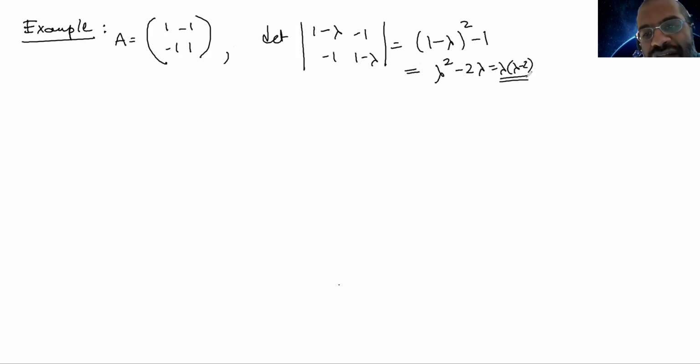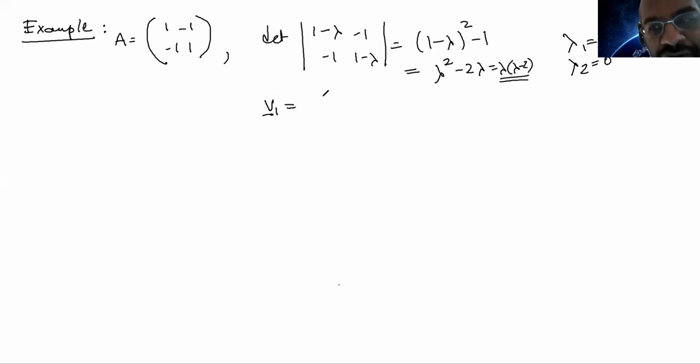So this indeed has two eigenvalues, which are 2 and 0. You can compute the corresponding eigenvectors, and I don't want to do the row reduction right now, but let's just write down what they are.